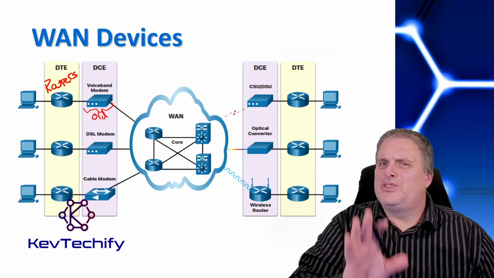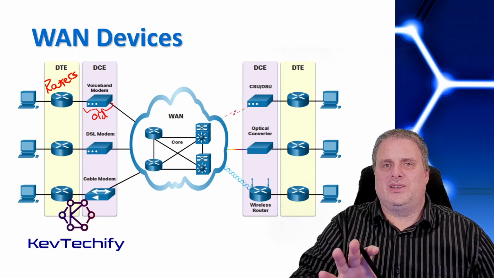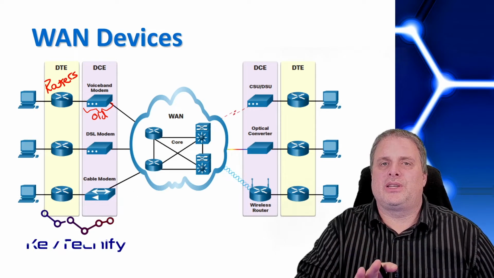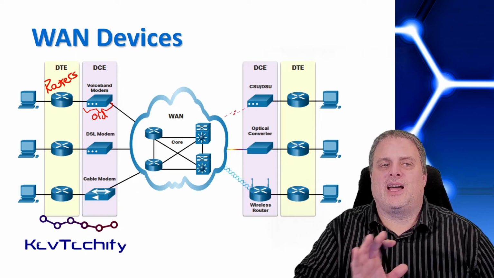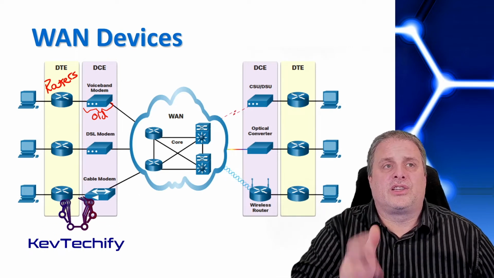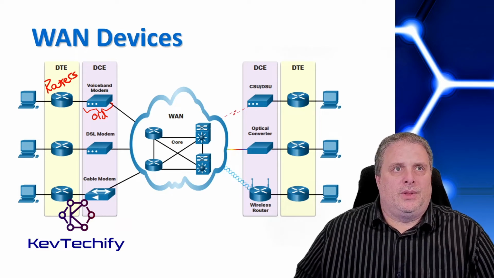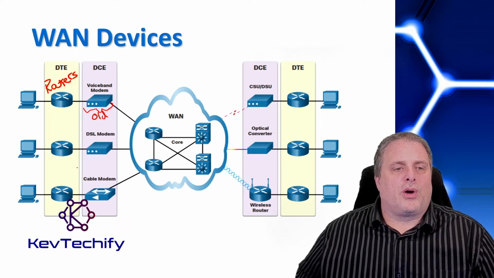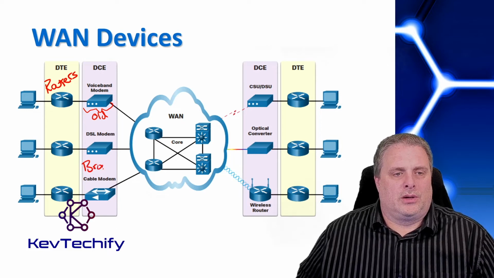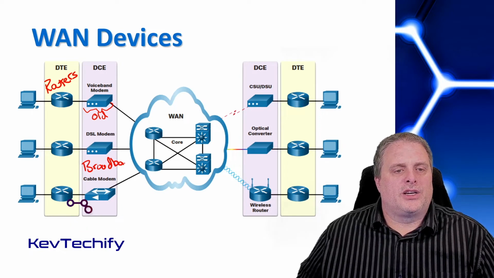But to run normal business across a dial-up modem in today's world typically does not work, but they are still out there. Then we have DSL and cable modems. Now, these are typically known as broadband modems. Broadband meaning a higher speed network.